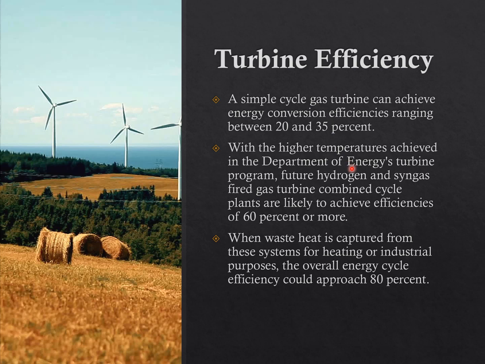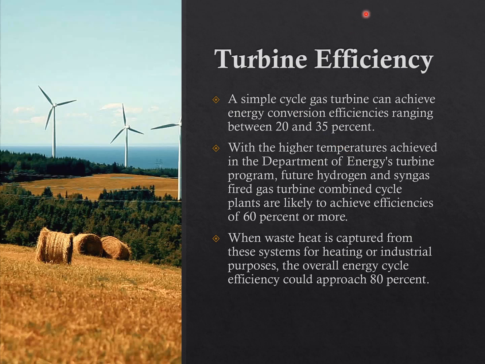Anyway, so get back to turbine efficiency. If you have a simple cycle gas turbine, you can achieve energy conversion efficiency of about 20 to 35%. Not very high because they're just a simple cycle.